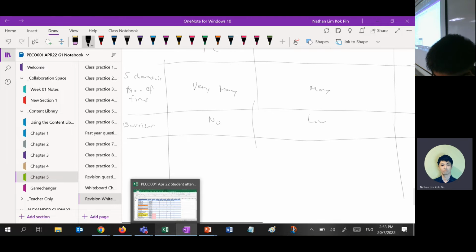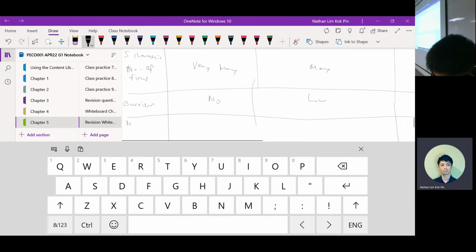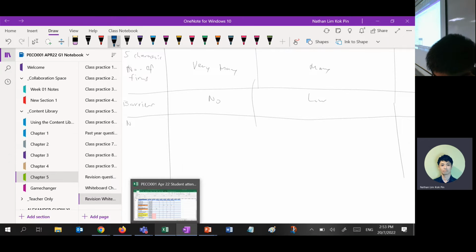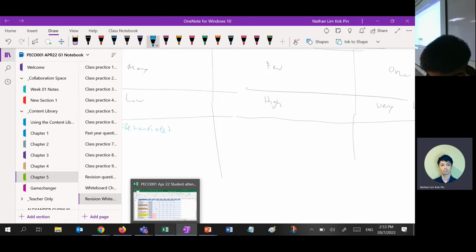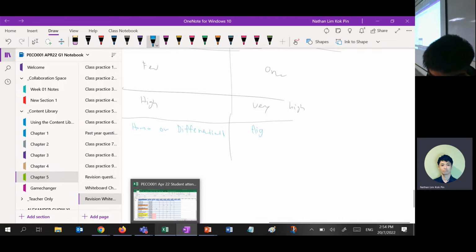Nature of product. Homo or differentiated. Highly differentiated.